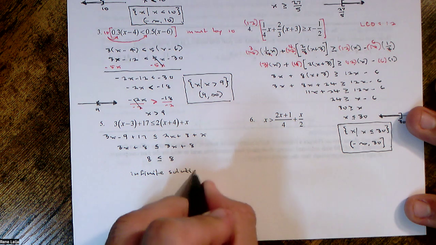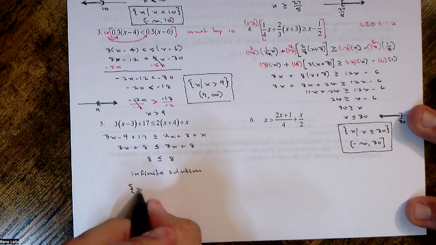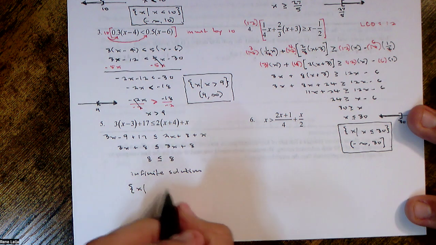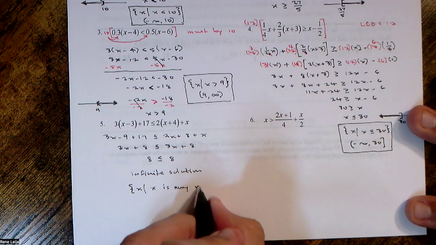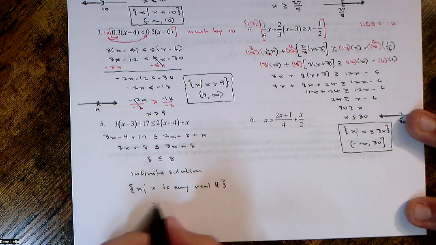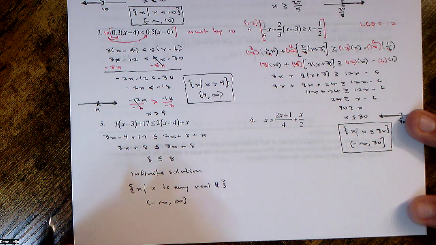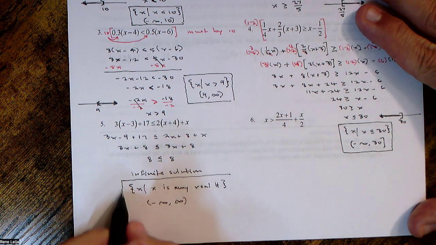So an infinite solution means you have all real numbers. So set notation, it's a set of all x such that x is any real number. And if it's any real number, then my interval notation is just going to be from negative infinity to infinity.